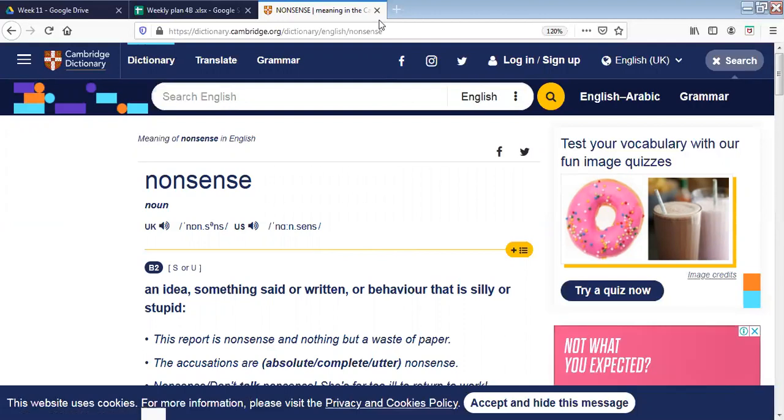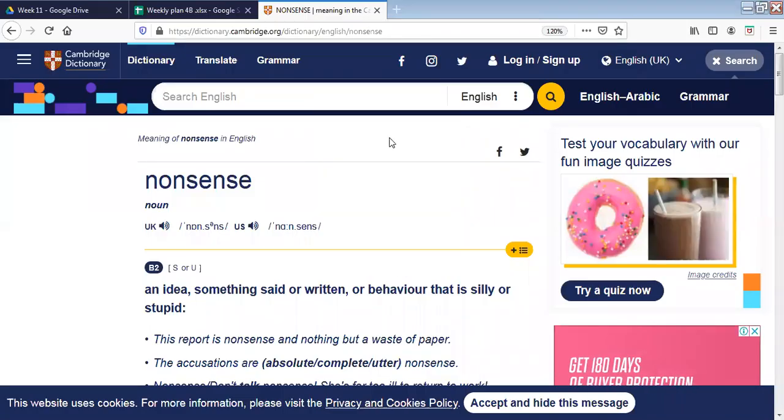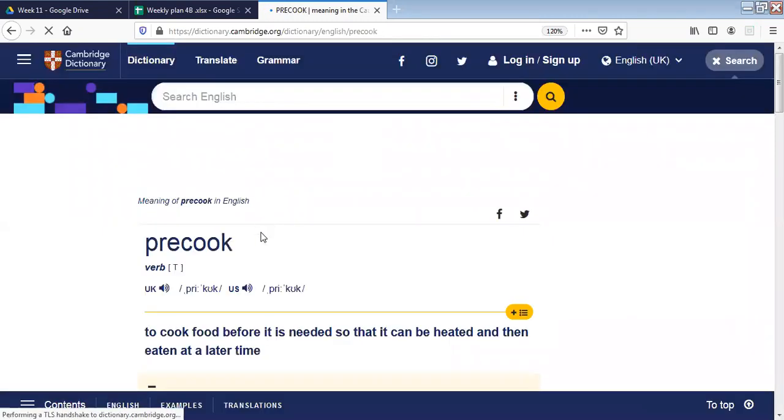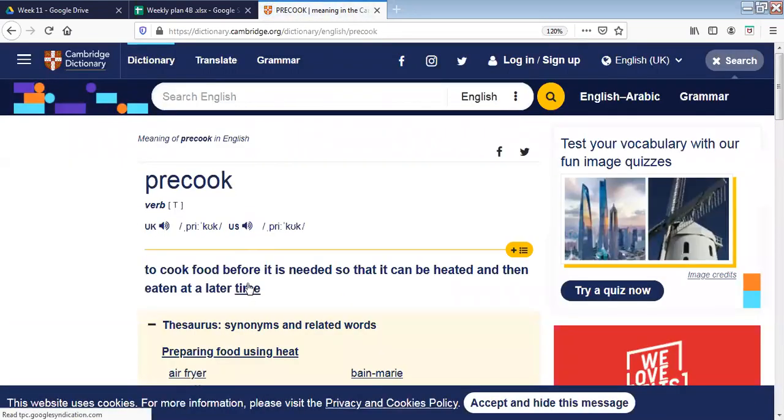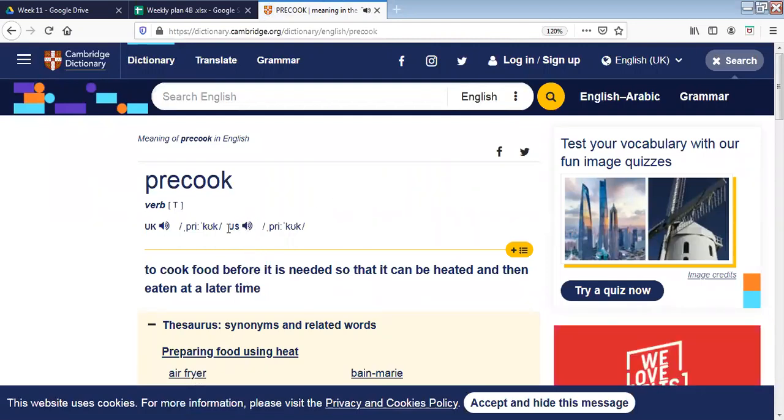The next one, listen. Pre-cook. Pre-cook, it means what? When I say the word pre-cook, it means to cook food before it is needed so that it can be heated and then eaten at a later time.